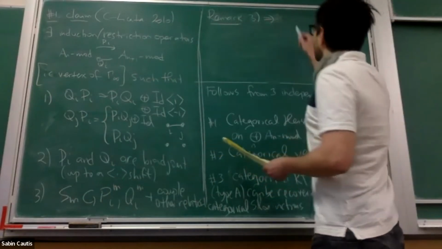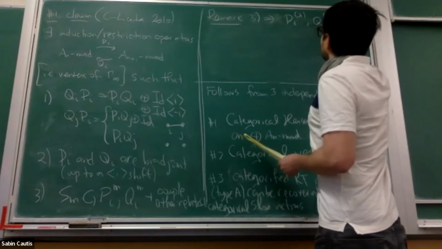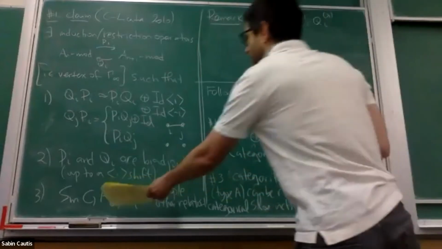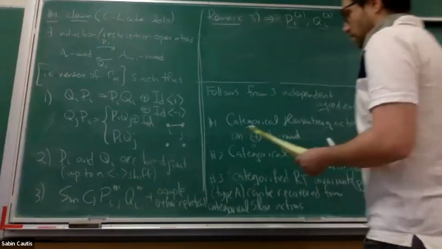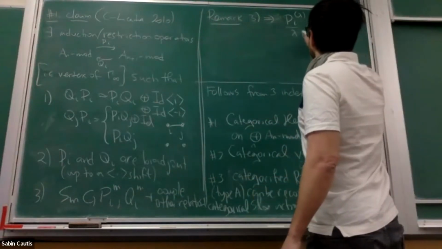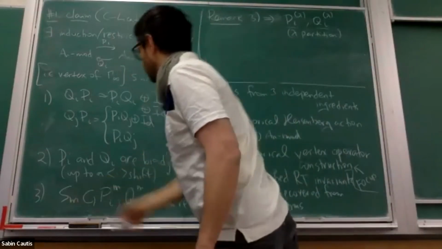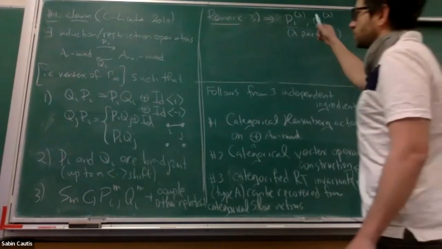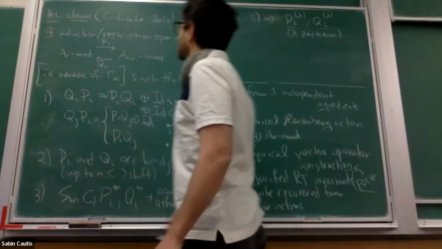So for each partition, it gives you a bunch of, I don't want to say new functors, because in some sense they're already there in this composition, but you can pick out functors for any partition of m, using the idempotent in the symmetric group.